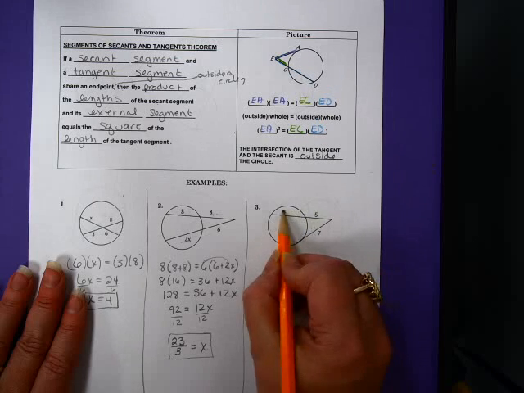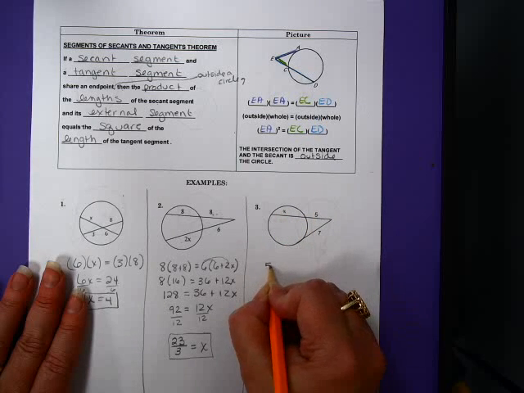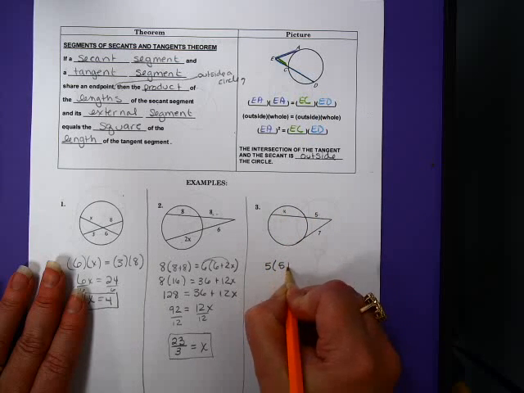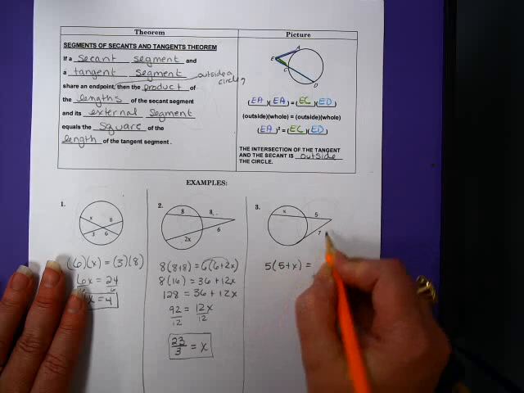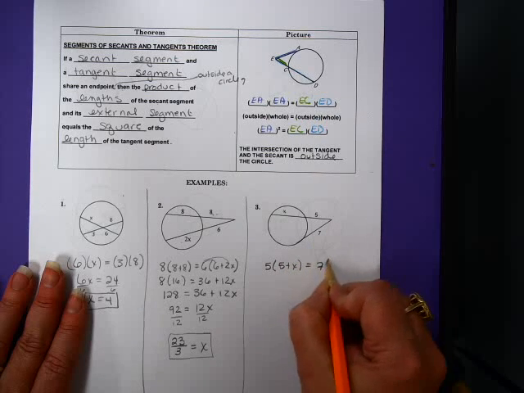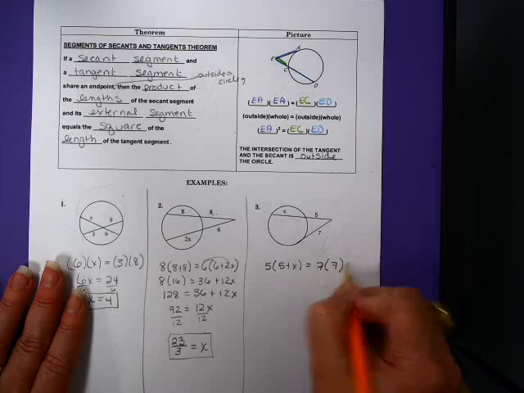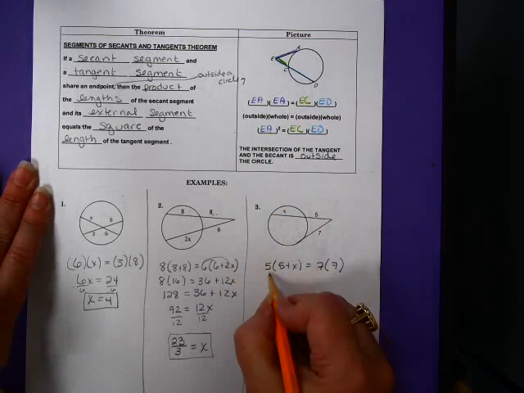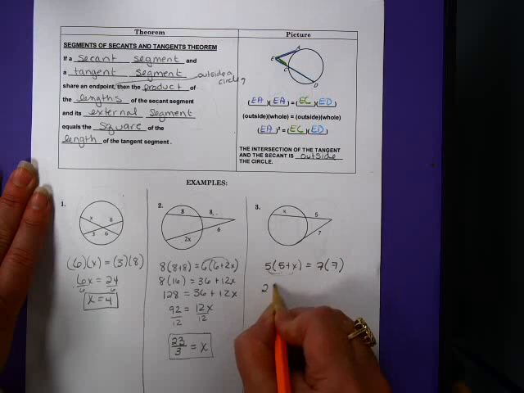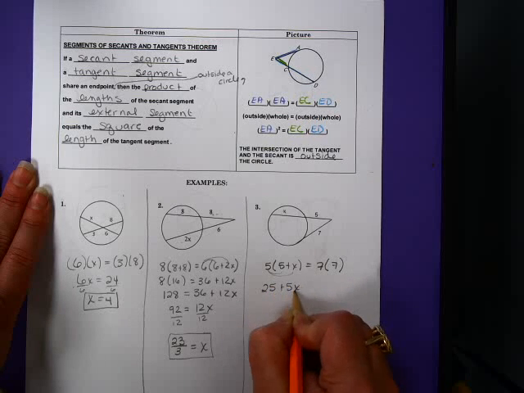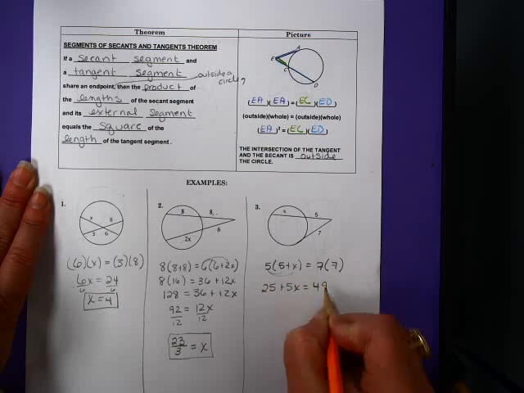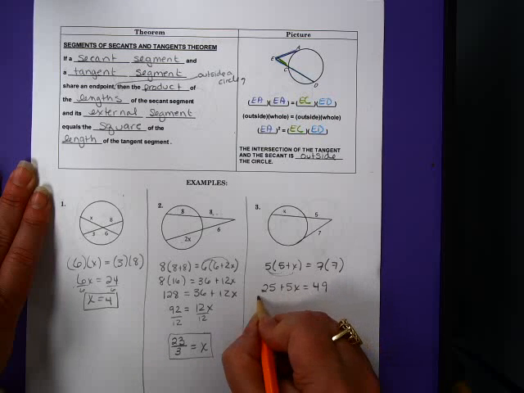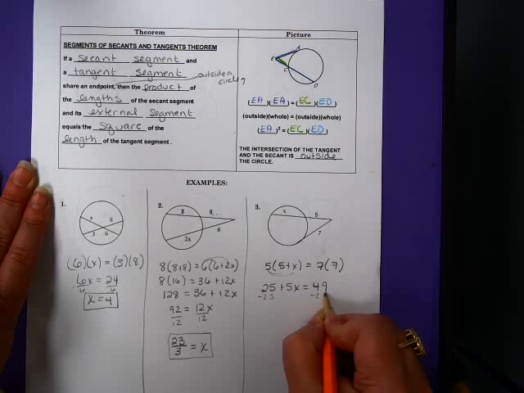Okay, so here we have the outside times the whole thing. That's going to be 5 times 5 plus x equals the outside, which is 7, times the whole thing, which is 7. So that's like this one up here. Okay, so distribute. I get 25 plus 5x equaling 49. I'm going to subtract 25 from both sides.